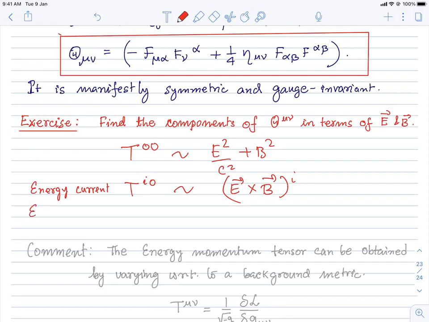And then if you take this and try to write the momentum density, this is also a density, the energy current density.